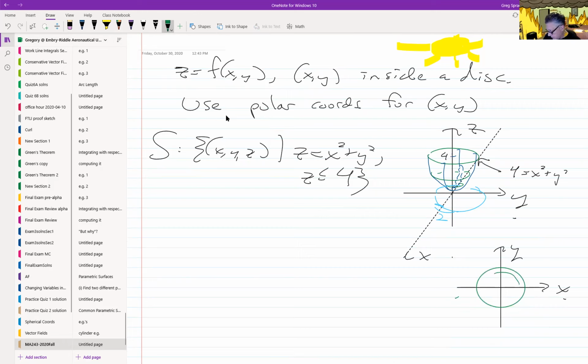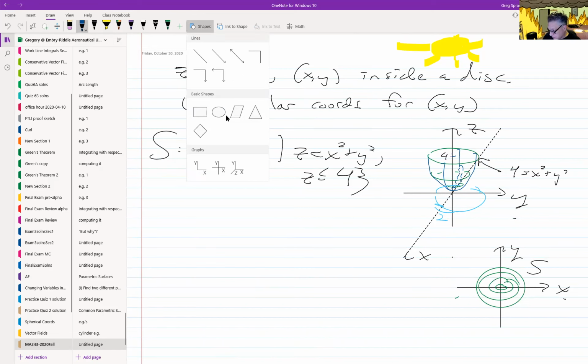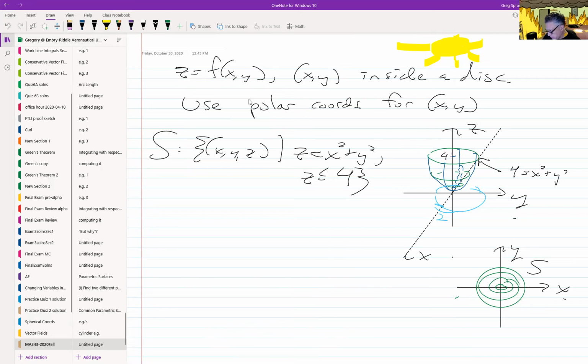I see green concentric circles and blue spokes that go through the origin. And the radius is 2.